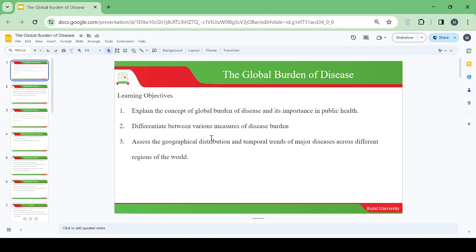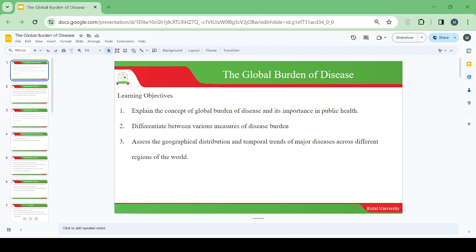What health problems do we have in developed countries? And how best can we use the knowledge of understanding this burden, in terms of diseases, risk factors, and injuries, to plan on how to deal with these problems?